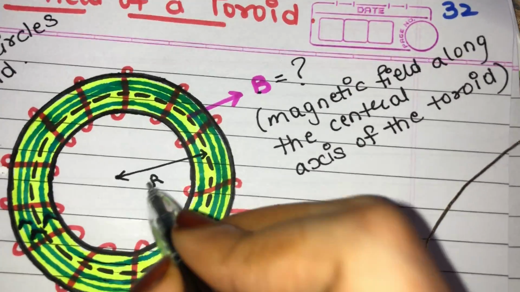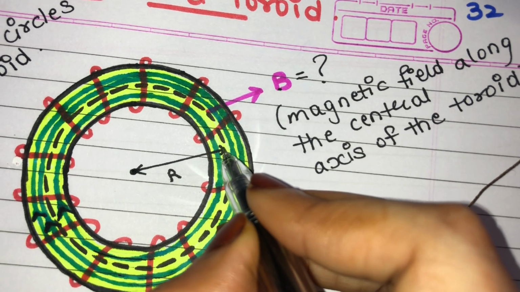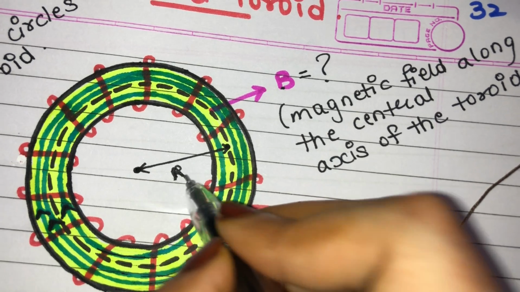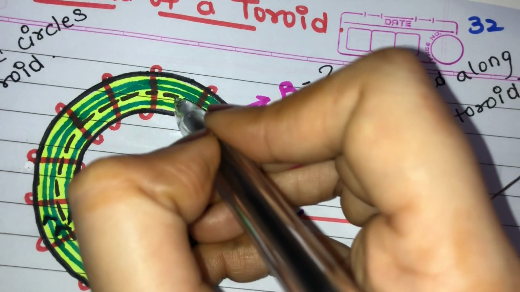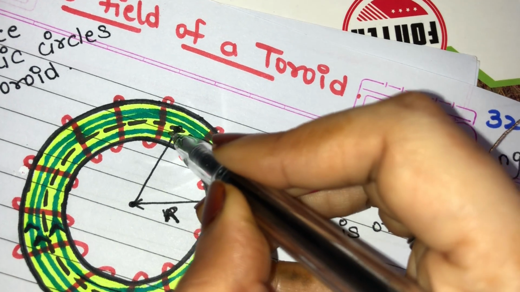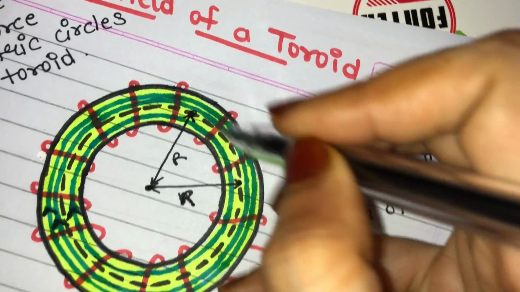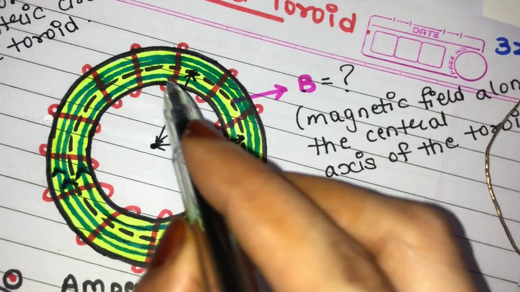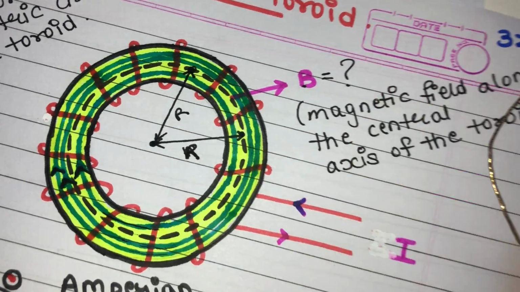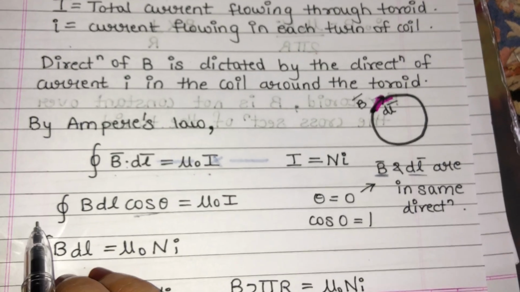Because the distance from the center to the Amperian loop at this point is capital R. If I see at this point, again the distance will be the same, that is capital R. The radius for this whole loop remains the same. So over the whole loop, the magnetic field remains the same. So B is taken outside the integral.